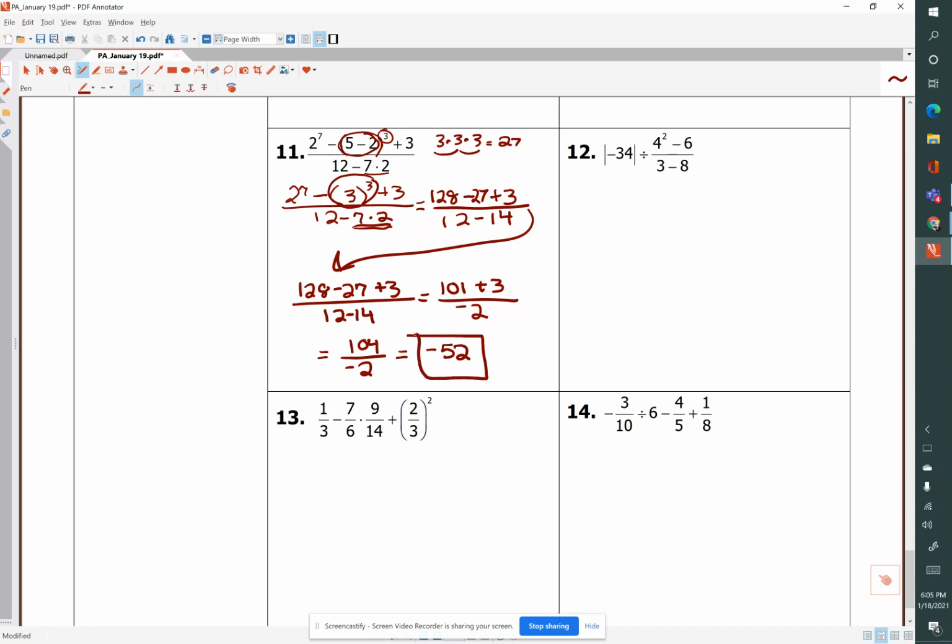Remember your integer rules. If you forgot them, go back and learn them again.